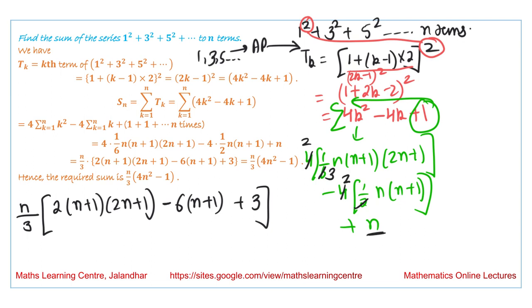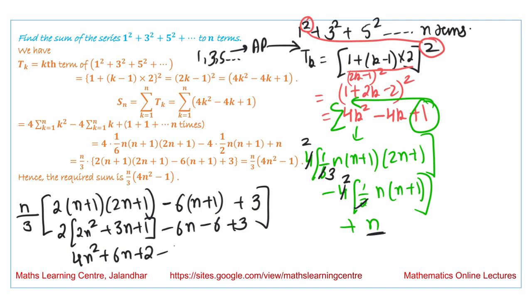So if you open all these terms, you will get 2 into (2n square plus 3n plus 1) minus 6n minus 6 plus 3. So it is 4n square plus 6n plus 2 minus 6n minus 6 plus 3. So this 6n gets cancelled. From these terms we are left with minus 1.